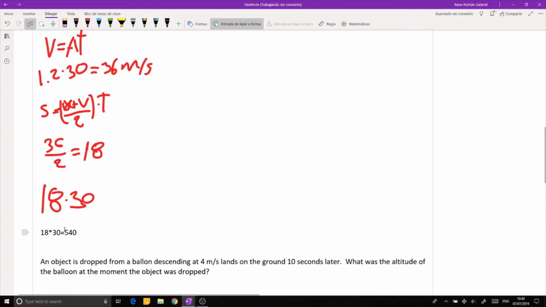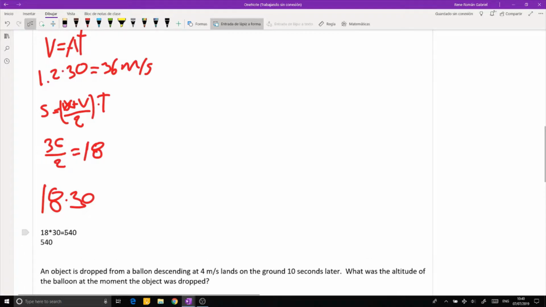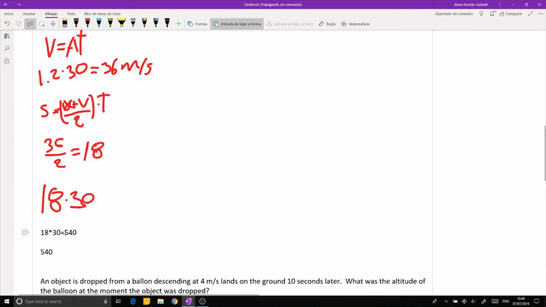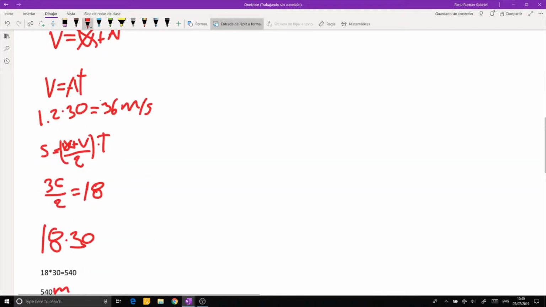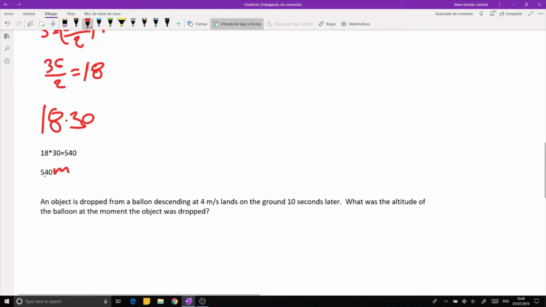So, in that time we're braking, which is 30 seconds, we would move 540 meters. There you go. You have an answer here, 36 meters per second, and 540 just meters.